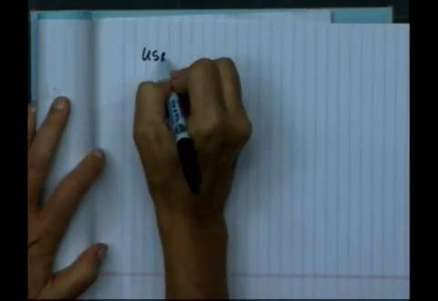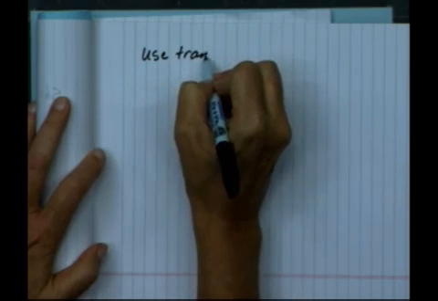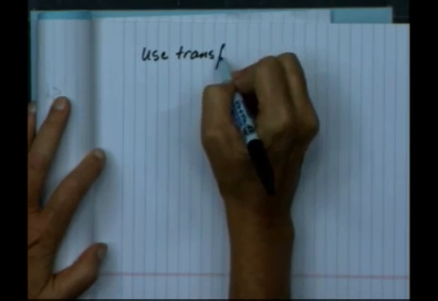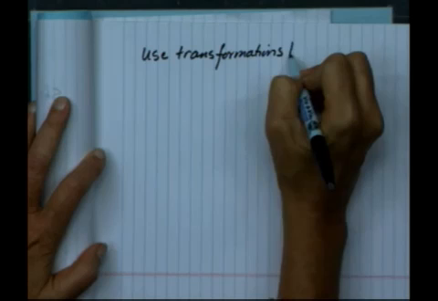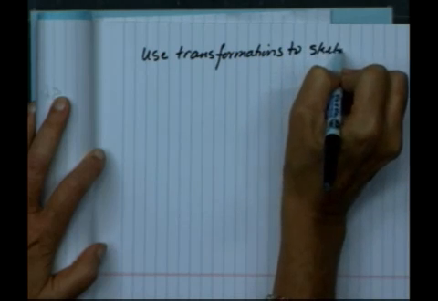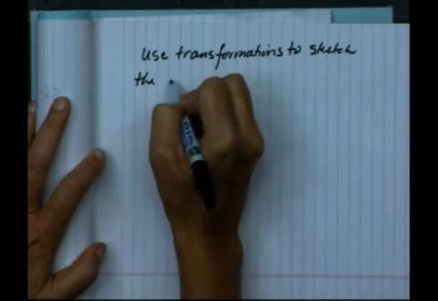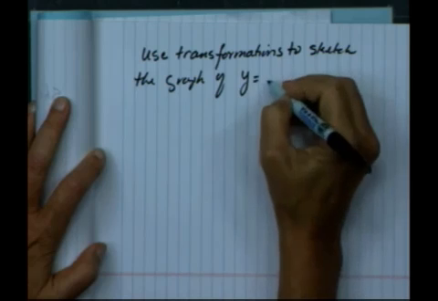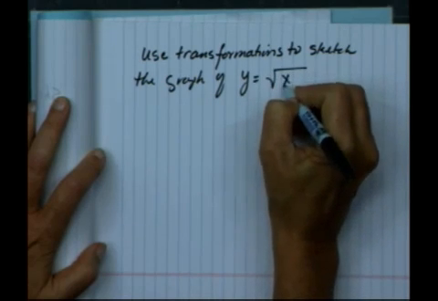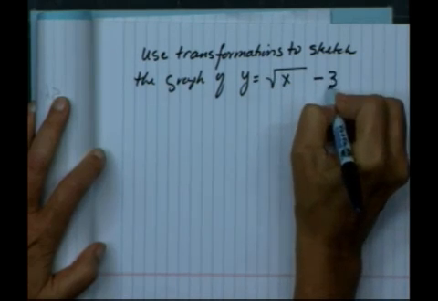The words on a test would say something like this: Use transformations. These are called transformations. Use transformations to sketch the graph of y equals the square root of x minus 3.